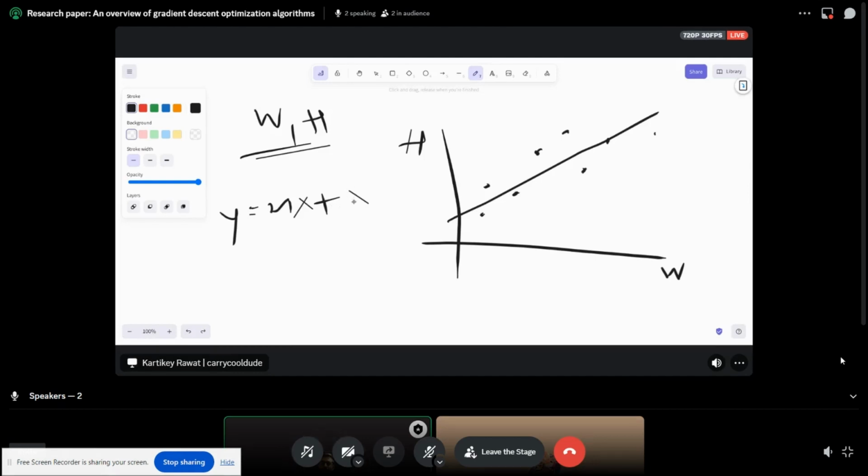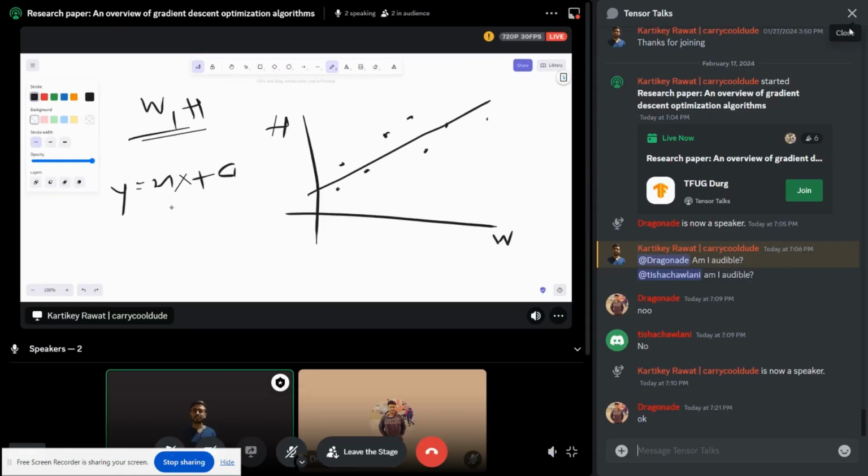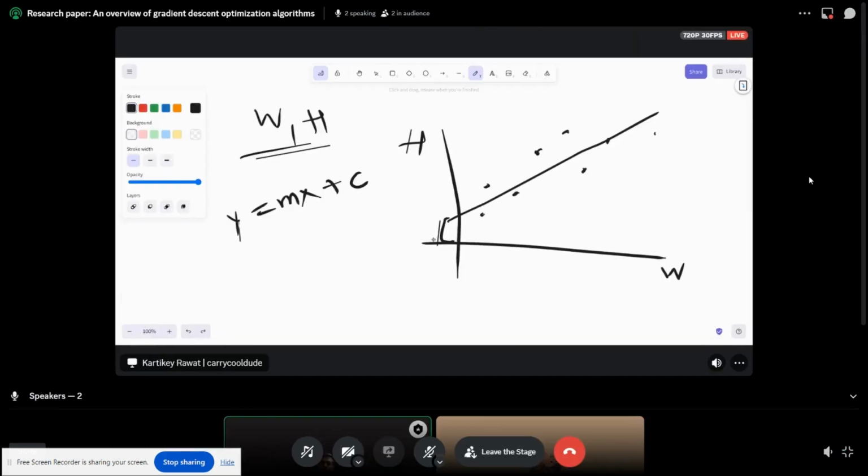Here c is the intercept part of it, and m is the slope.